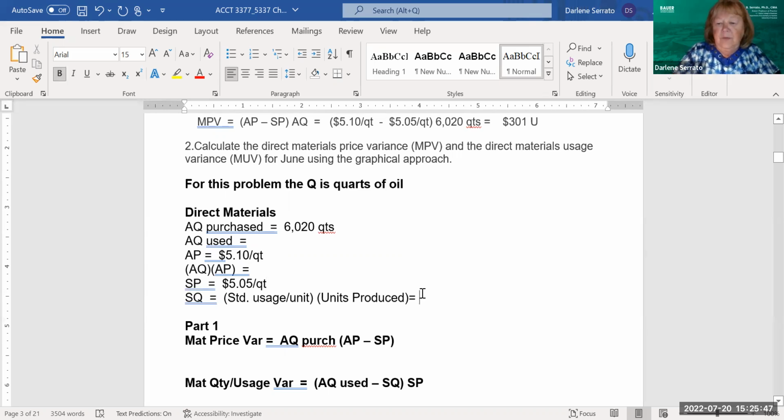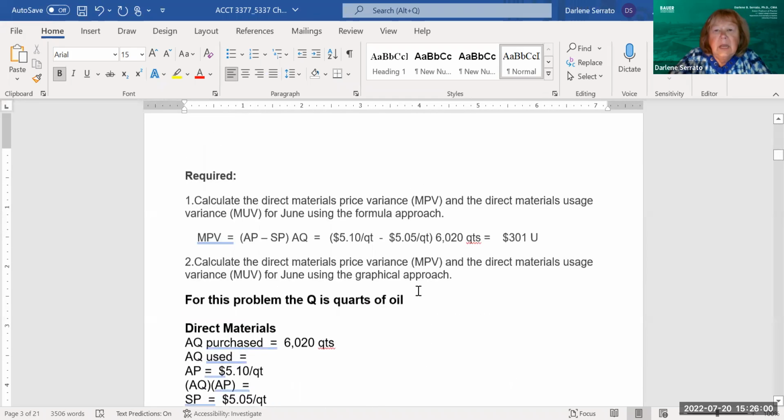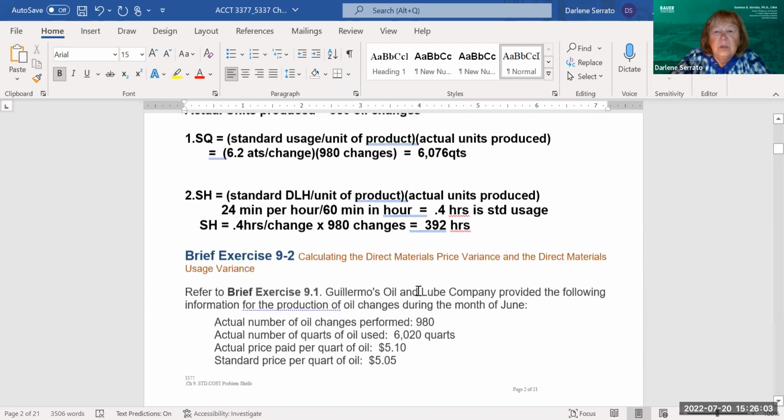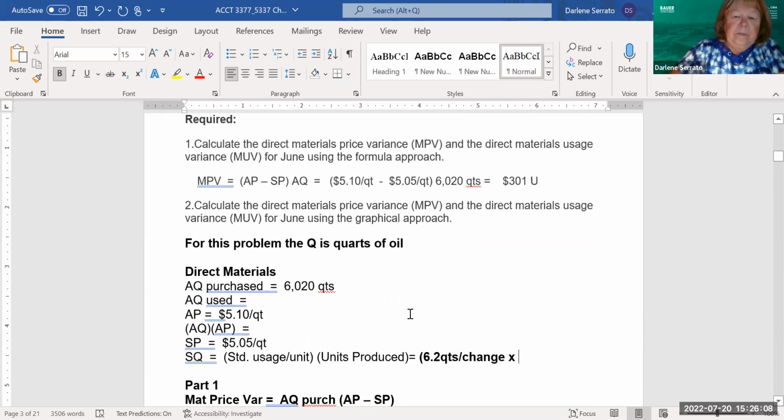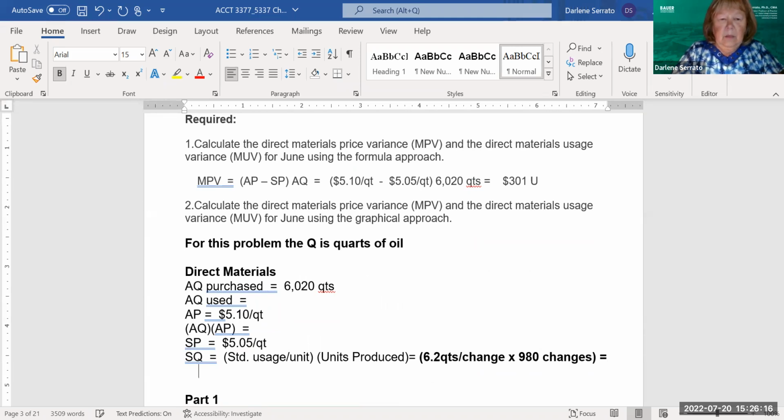SQ, which we're going to need for the usage variance, 6.2 quarts per change times, how many changes were there? We're back to the 980. Yes, 980. So that equals, what we have, 392.